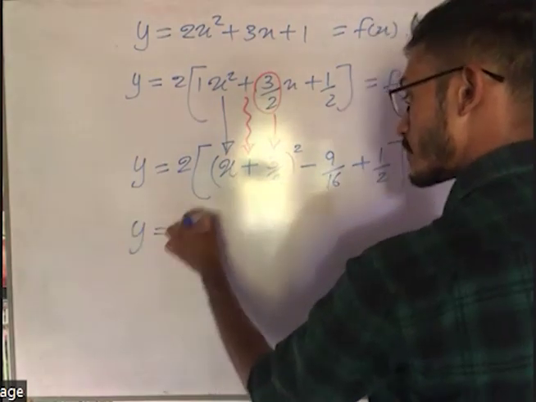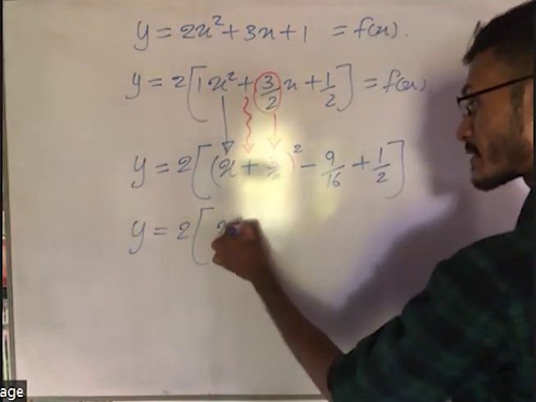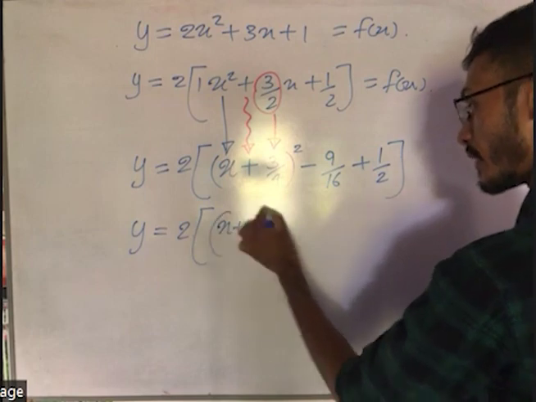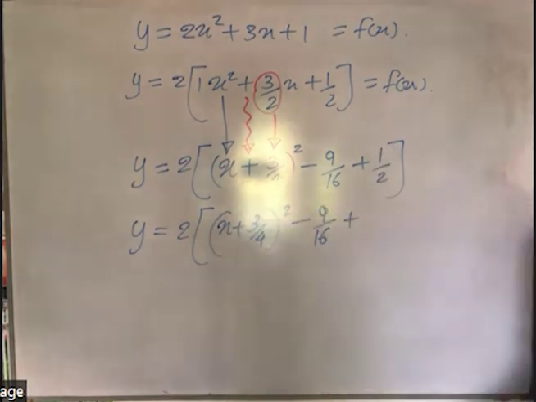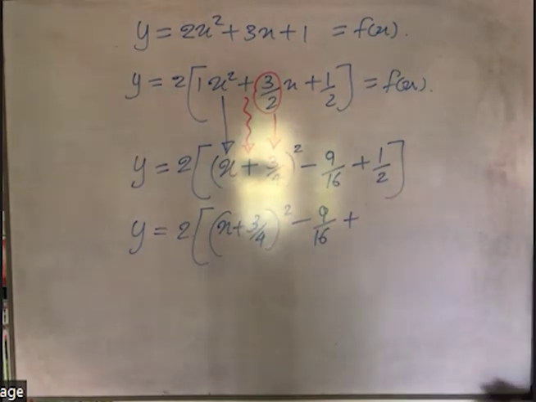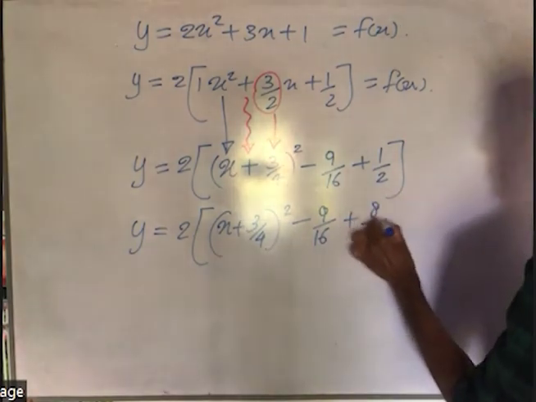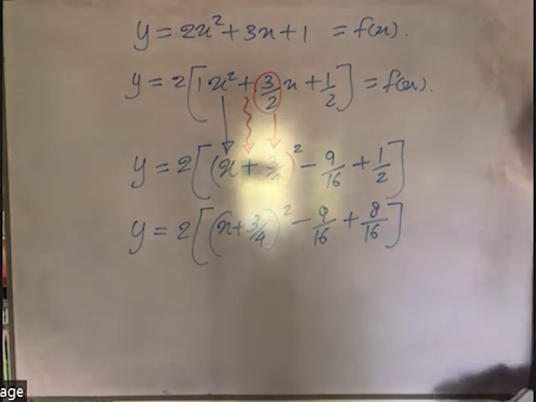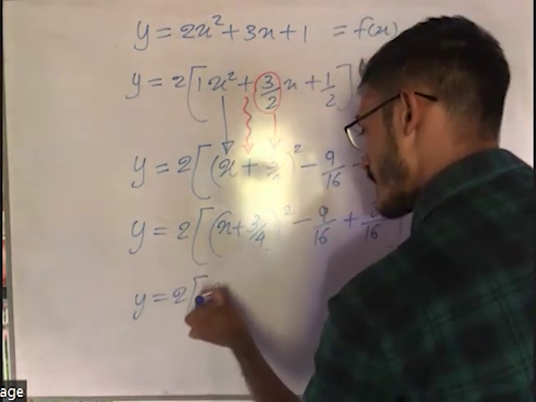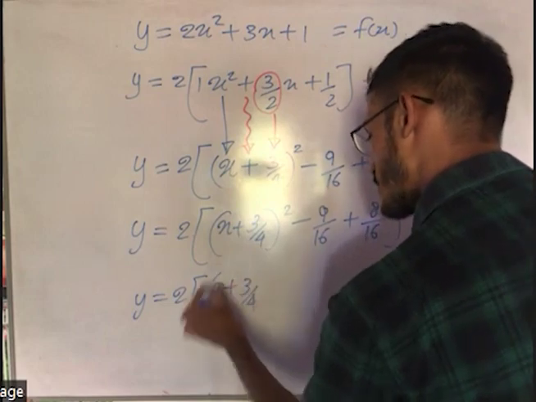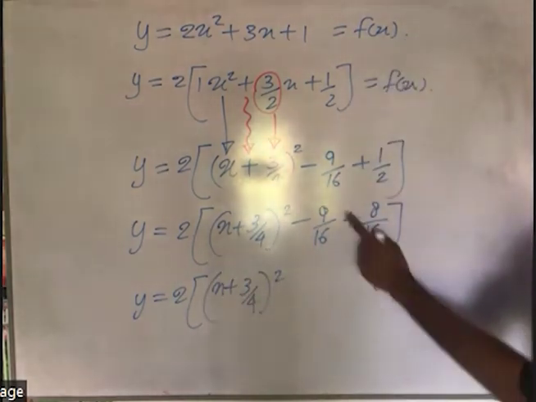y equal to 2 times x plus 3 over 4 square minus 9 over 16 plus a half. If you multiply numerator and denominator by 8, we will get 8 over 16. Right? Now we can write down y equal to 2 times x plus 3 over 4 square minus 9 minus 8 over 16.